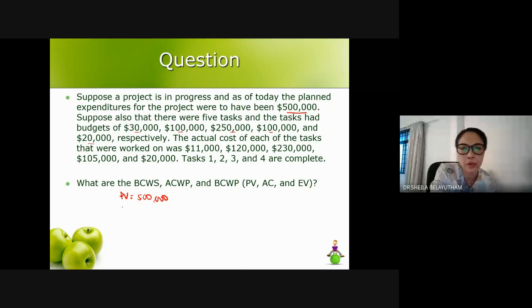Okay, so what will be your actual cost? So your actual cost of the tasks that you worked on. You have performed these activities and this is how much you spent.